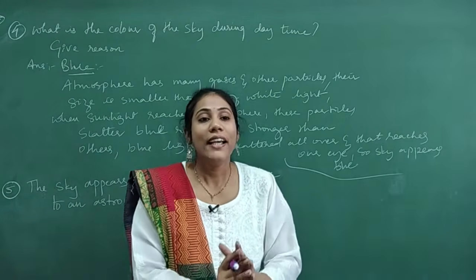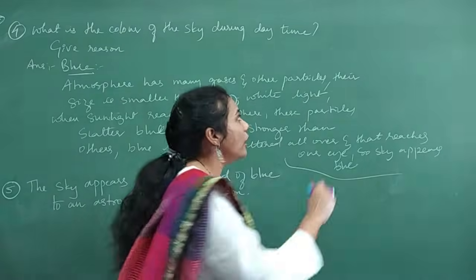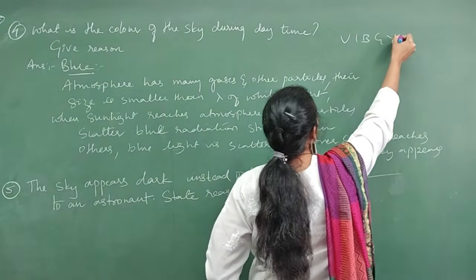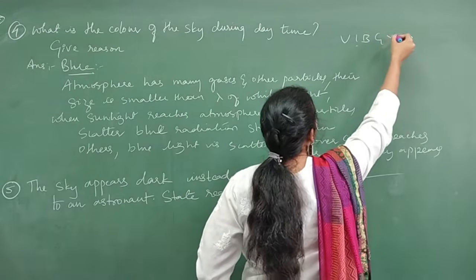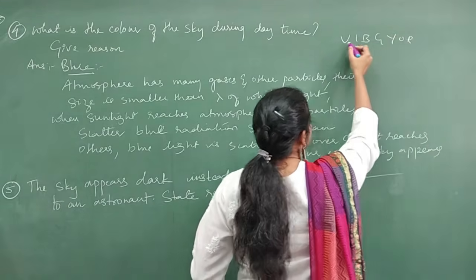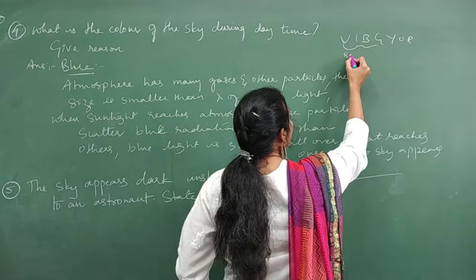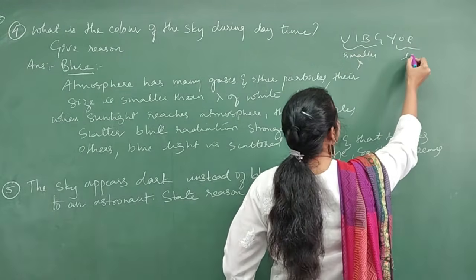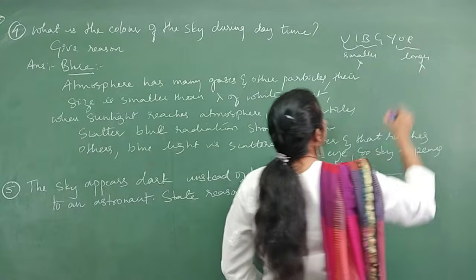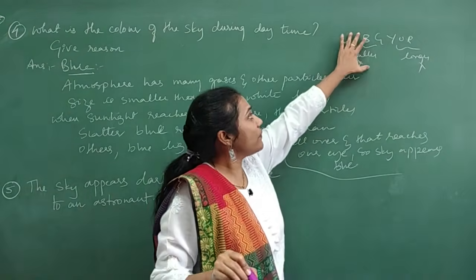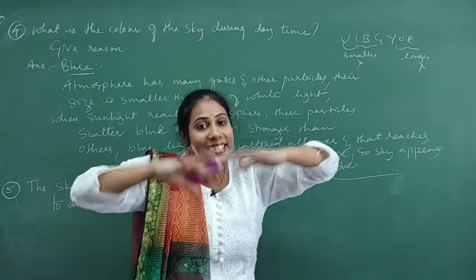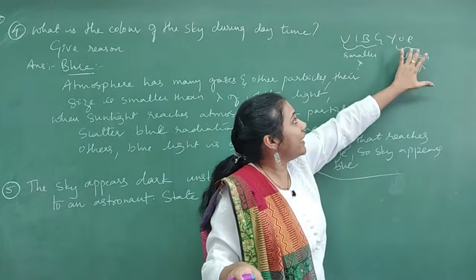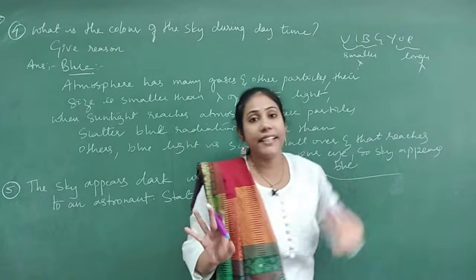Okay, fine. And we all know the 7 colors: violet, indigo, blue, green, yellow, orange and red. These radiations have smaller wavelength and these radiations have longer wavelength. Usually the radiation which has smaller wavelength is scattered more compared to the longer wavelength radiation.